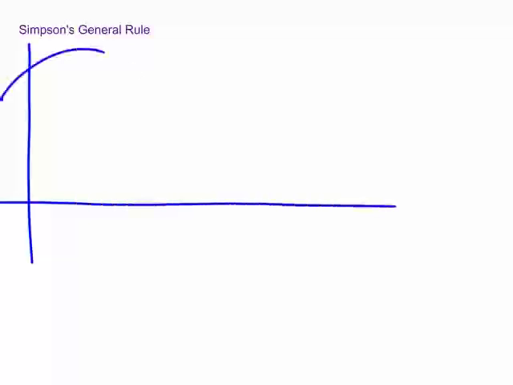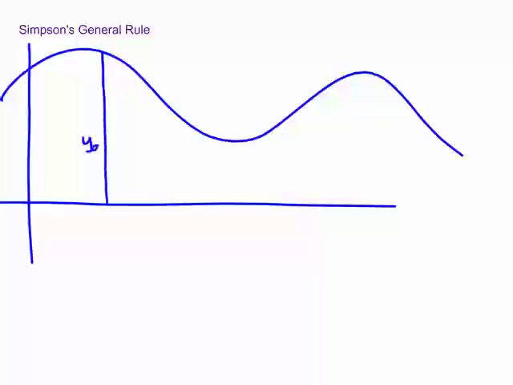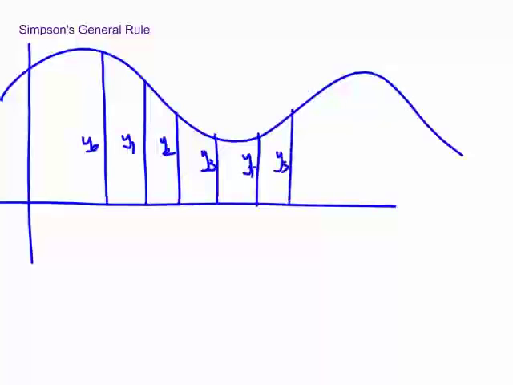Here we have some function. Now let's have a look at y0, y1, y2, y3, y4, y5, and say y6.